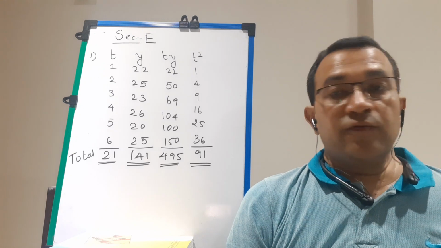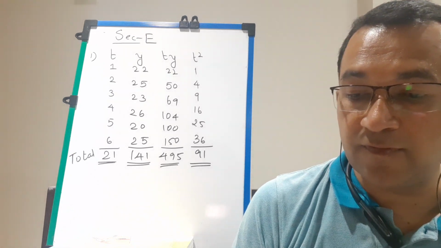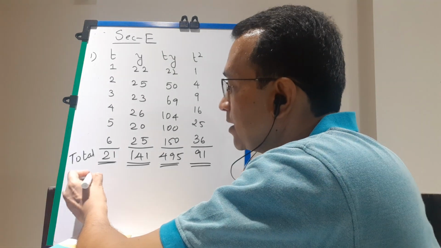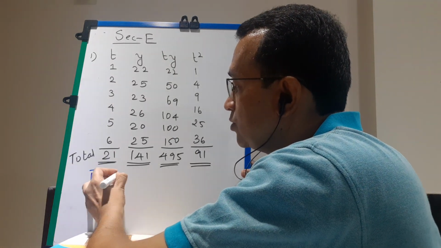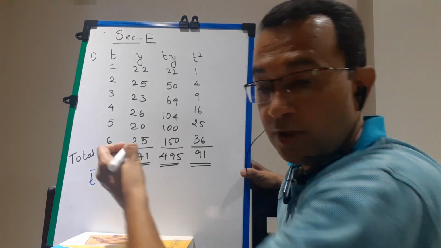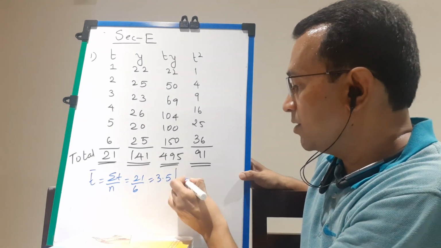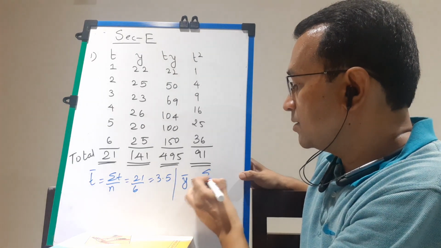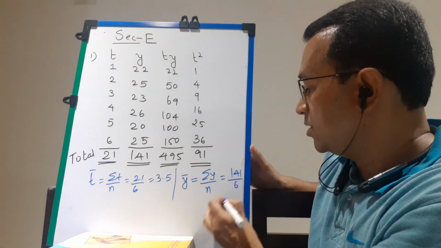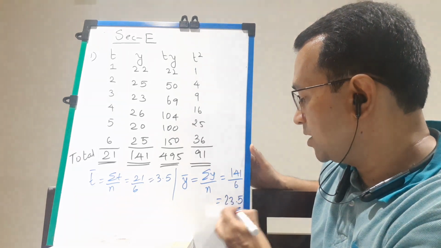Now students, all of you know, initially we first find T bar and then we find Y bar. So T bar is equal to sigma T upon N, 21 upon 6, and that comes out to be 3.5. Y bar is equal to sigma Y upon N, 141 upon 6, and that answer comes out to be 23.5.